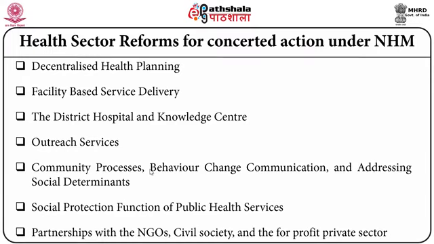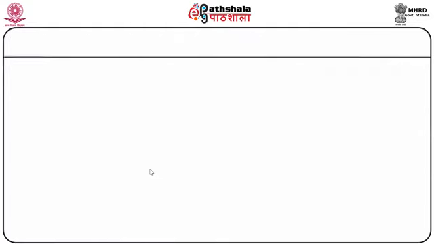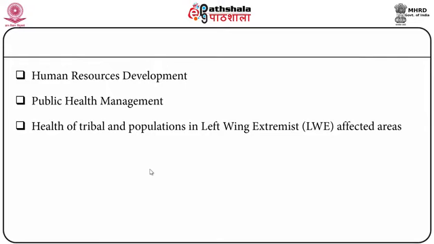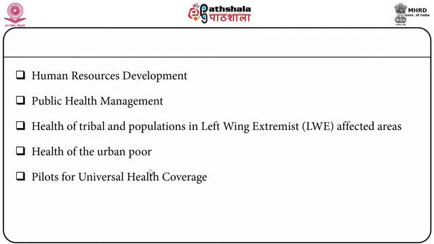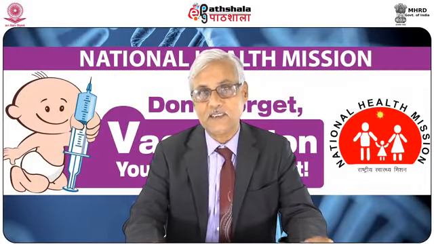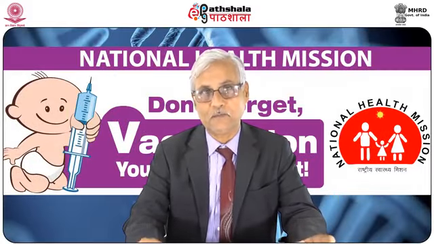Human resource development, public health management, health of the tribal populations in left-wing extremist affected areas, health for urban poor, piloting on universal health coverage, and health management information systems and governance and accountability framework. So these 14 areas of major concern are envisaged in the Urban Health Mission.